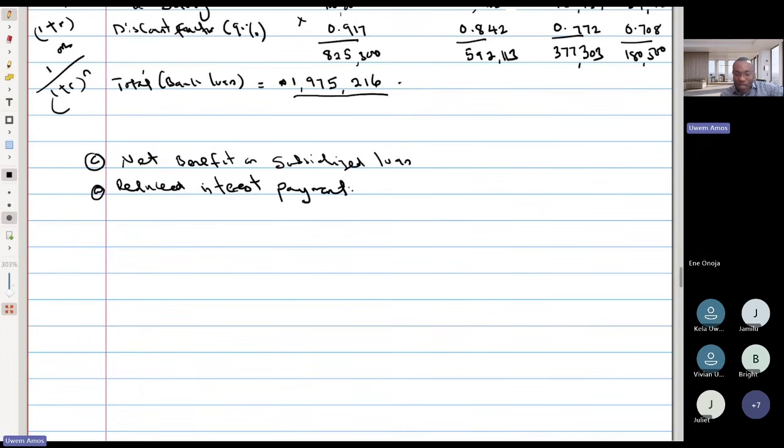Now, the second thing that happens: because it is enjoying a reduced interest payment, it will lose the tax savings on interest payment. Lost tax savings on interest payment. Let me explain that.